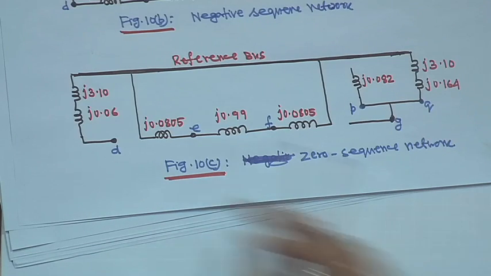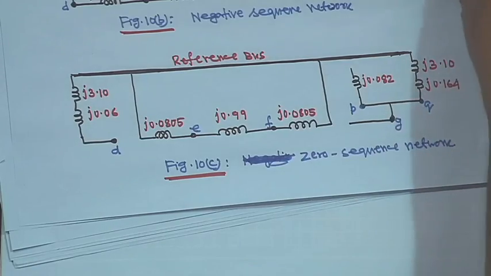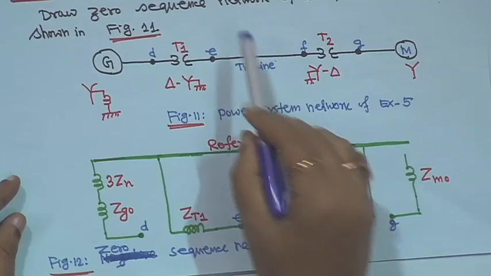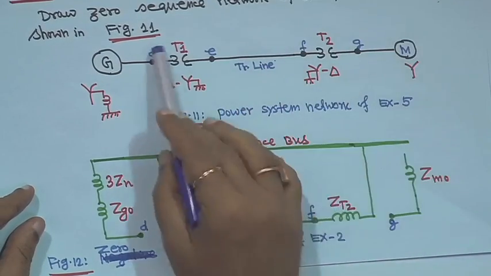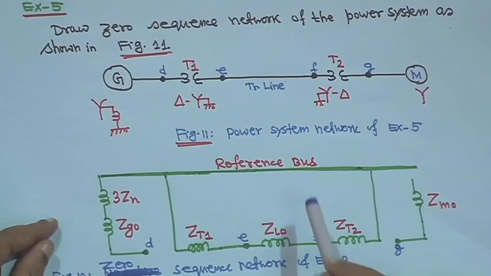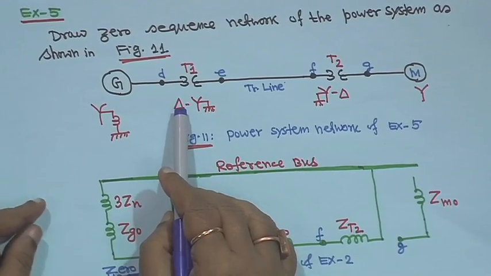Next one is this one, that you have to draw the zero sequence network of the power system as shown in figure 11. So, a small circuit diagram is given. This generator is grounded; positive and negative sequence are now easy, I am not doing them.